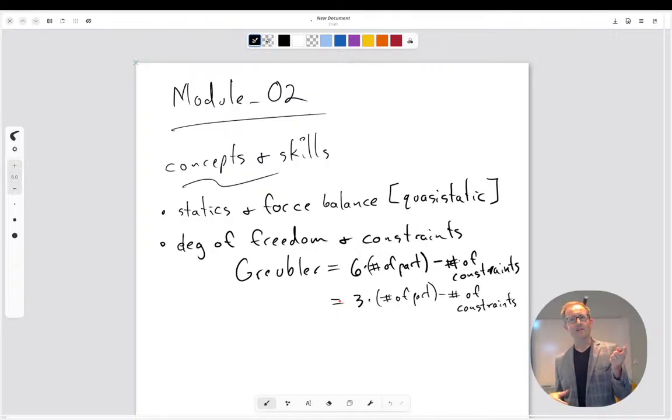So one example of a Grubler count that's negative is when you put a hinge on something, you create 5 constraints, because one hinge on a door, it can only rotate around the hinge. So you took 6 degrees of freedom, turned it into 1.